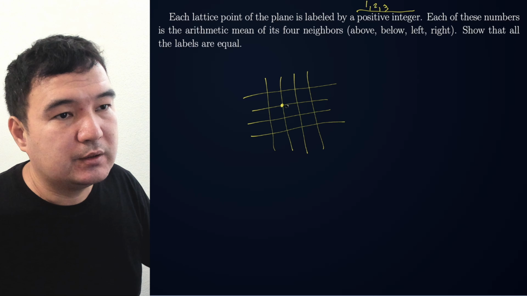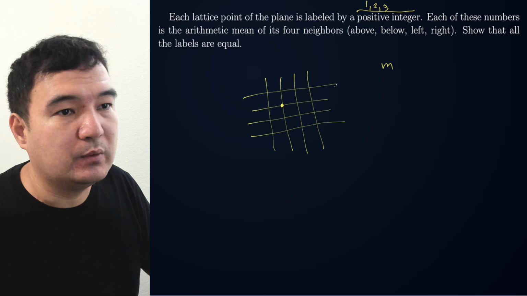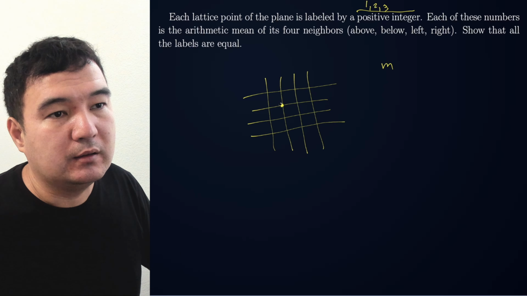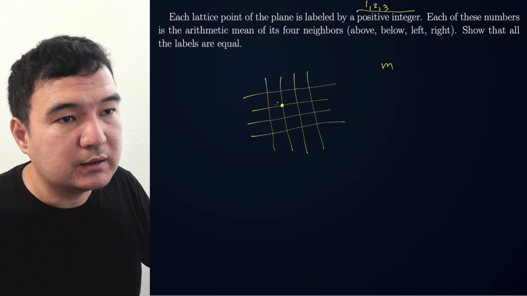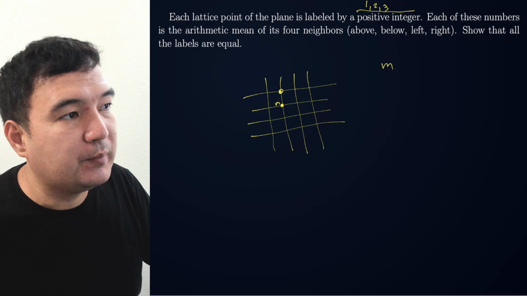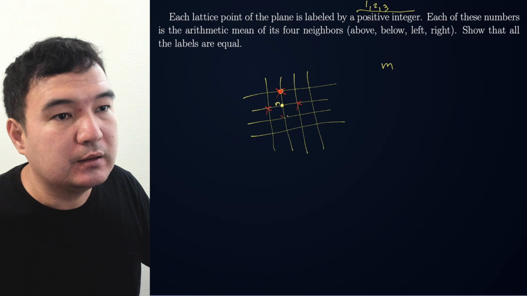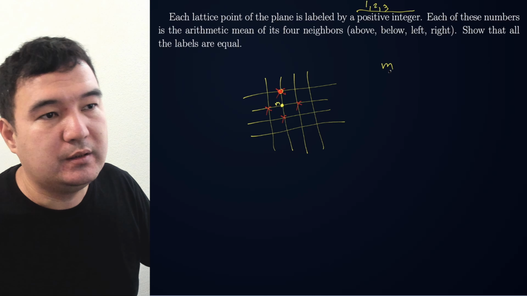So let's choose the smallest. Let's say M is the smallest label, and here this is M, and M will be the arithmetic mean of its neighbors. Let's say the neighbors are A, B, C, D, right?